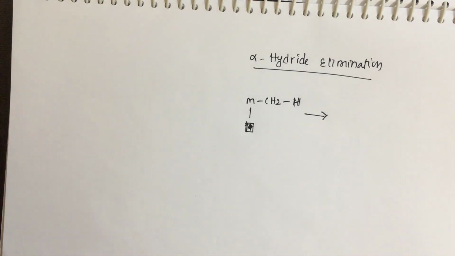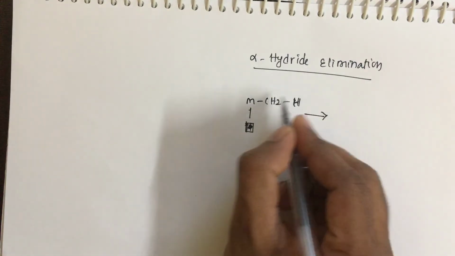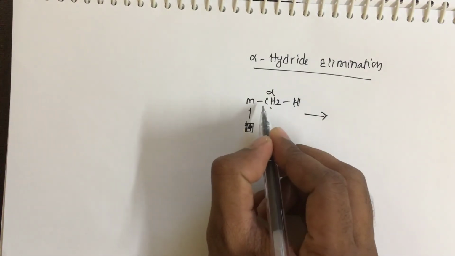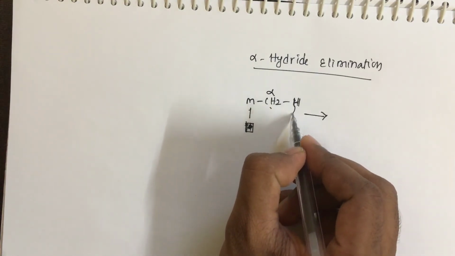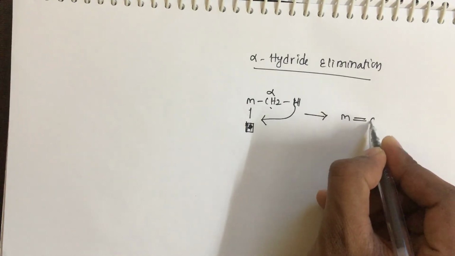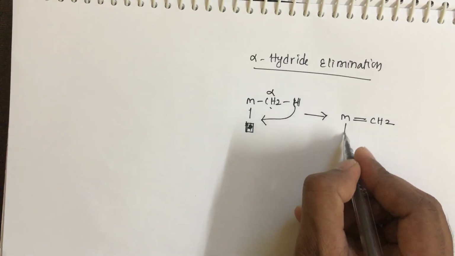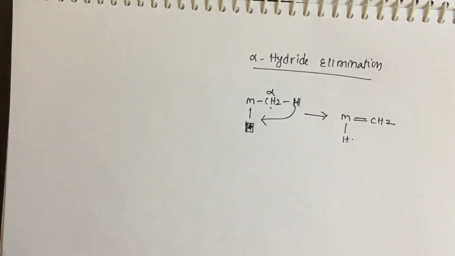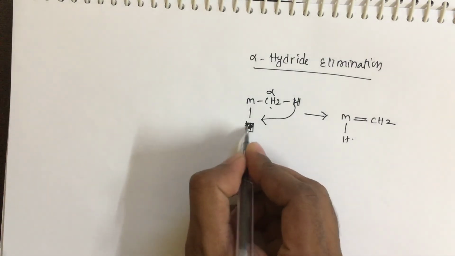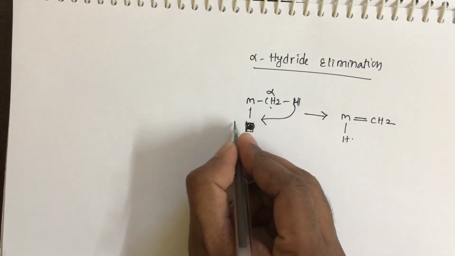Now the hydrogen which is alpha to the metal, so this is alpha. This hydrogen migrates from here to here, and we'll see the formation of a carbene. Sorry, this is not empty, this is also hydrogen.